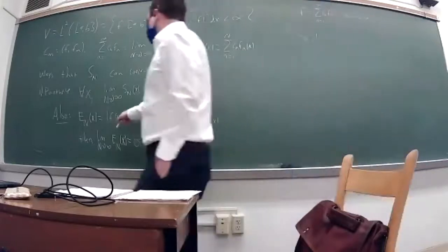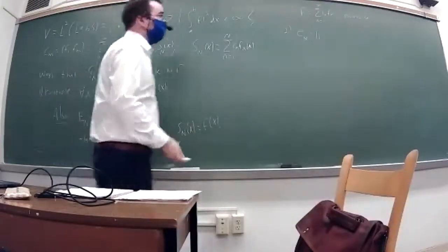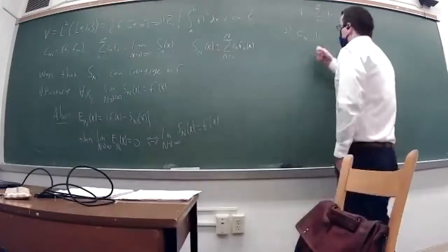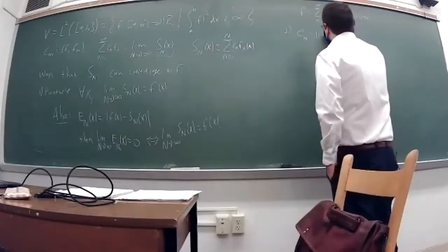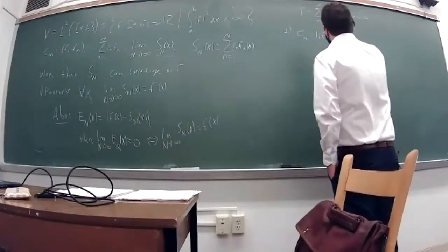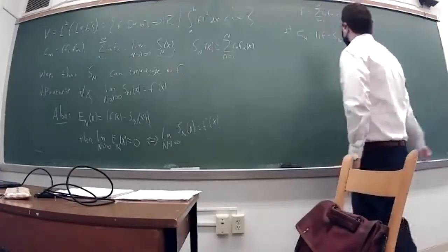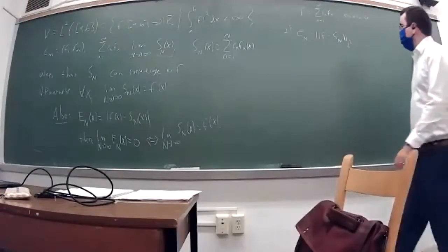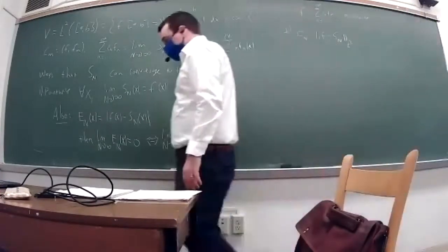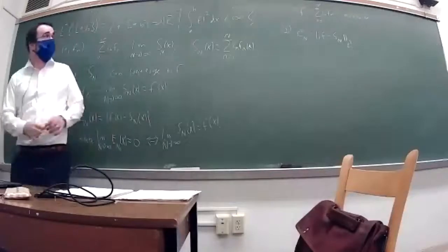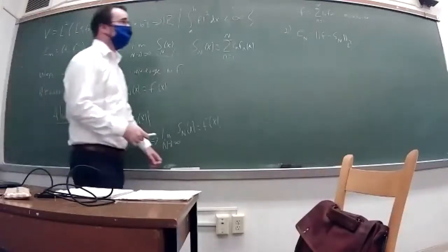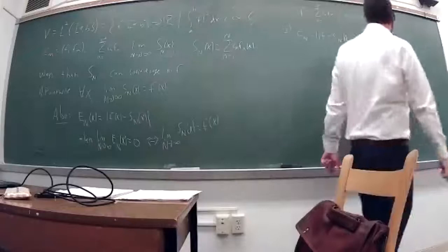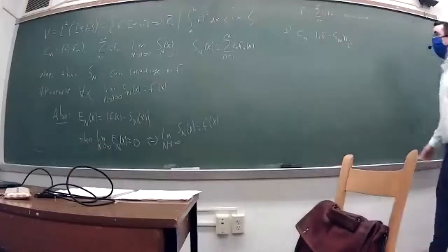Instead of plugging in a point and looking at the absolute value, you could now no longer plug in a point, but just look at the L2 norm of the difference between the function and the sequence of partial sums. These are two functions in L2. You can look at their norm.